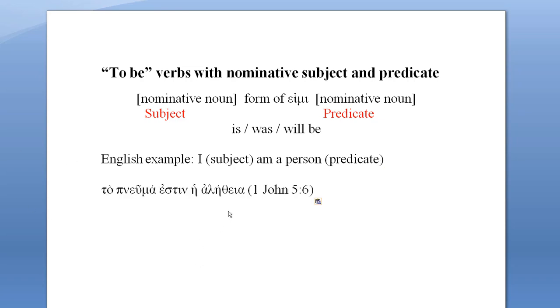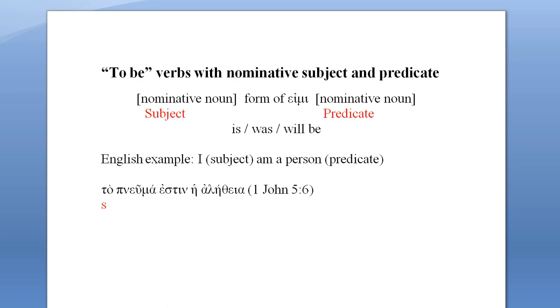Here is a Greek example from 1 John 5:6. We have to pneuma. This is a nominative neuter singular. Pneuma is a neuter noun. Then we have estin. That's a form of eimi, third singular. And then we have he aletheia. This is also nominative, but it's nominative feminine singular. But that's okay.